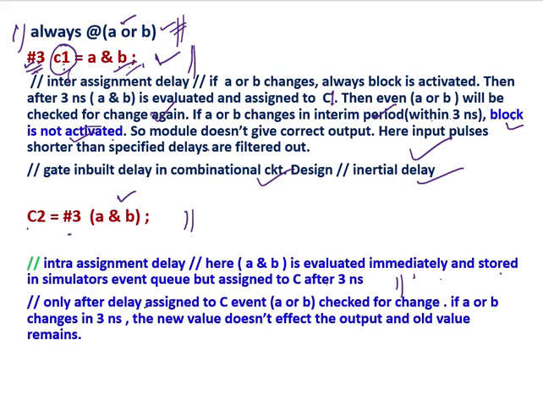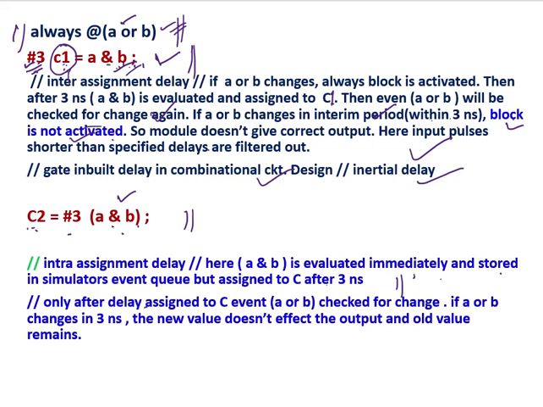Only after the delay, assigned to C, that is after 3 nanoseconds, will it check again whether there is a change in A and B. In the earlier case, even though A and B were assigned to C1 after 3 nanoseconds, within those 3 nanoseconds it was continuously checking whether A and B were changing or not.